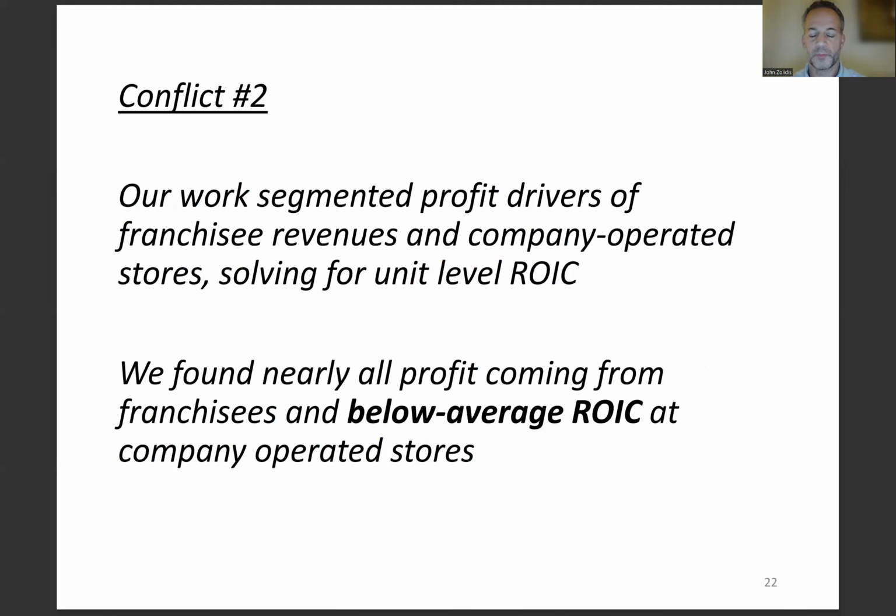However, we have to prove this out through work. What we did is we calculated the profitability of this business, looking at the franchisee revenues and company operated businesses or stores, looking to zero in on the return on invested capital that each location was producing for Dutch Brothers. The reason to do this is as a quality filter.